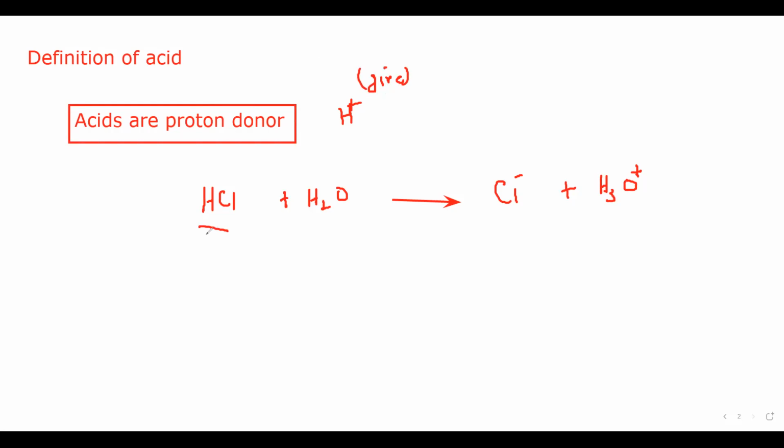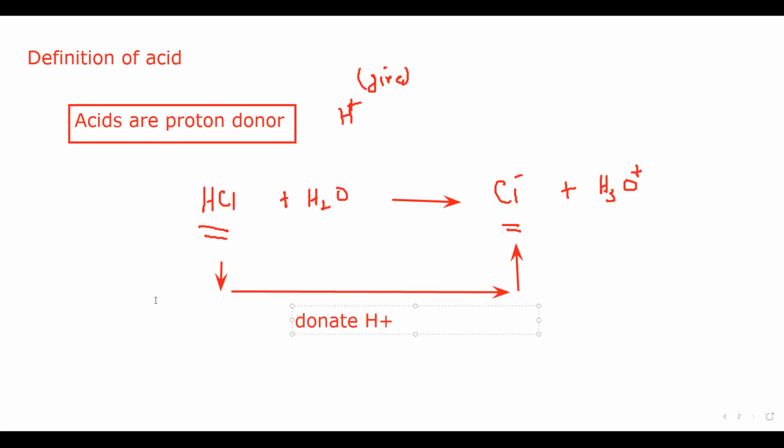So when you check, first it is HCl, then it becomes Cl minus. Initially it was HCl that turned into Cl. So what happened as HCl turned into Cl? Does it donate proton or accept proton? It donates proton, and whenever a substance donates proton, donates hydrogen ion, we call that substance an acid.